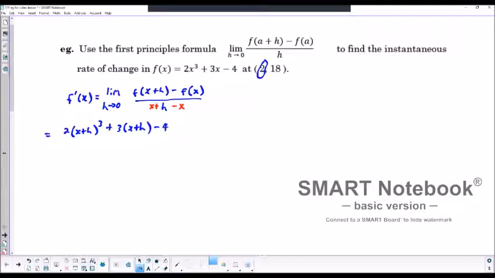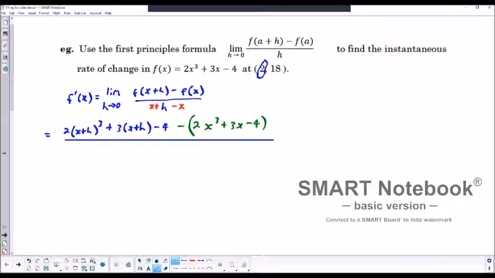And then we're going to subtract f of x itself, which is just the function. We're going to have to put this in brackets because it's subtraction. And this is going to go all over h.